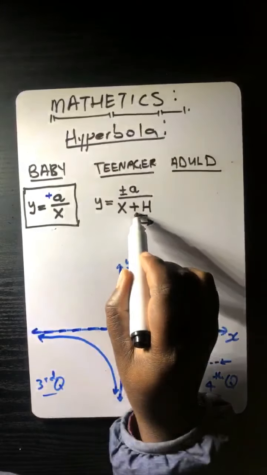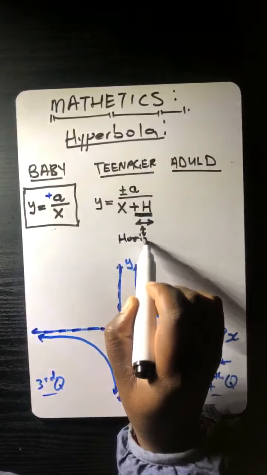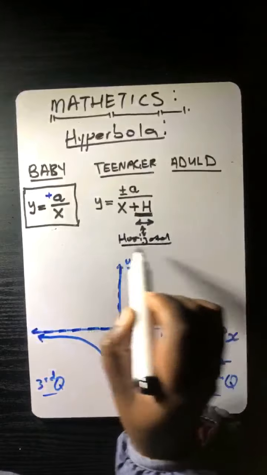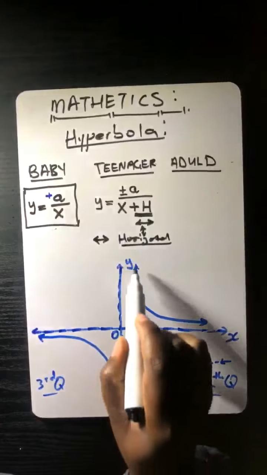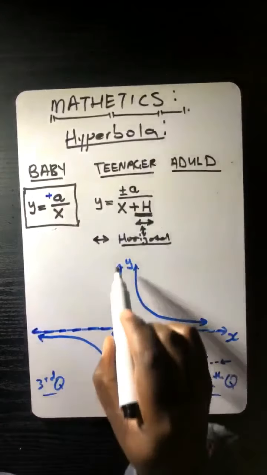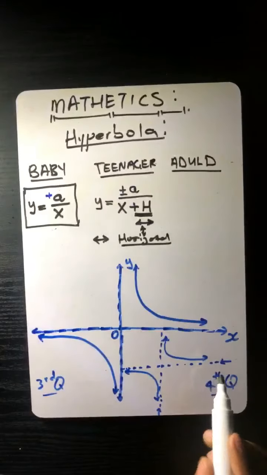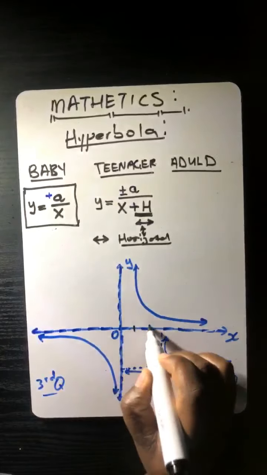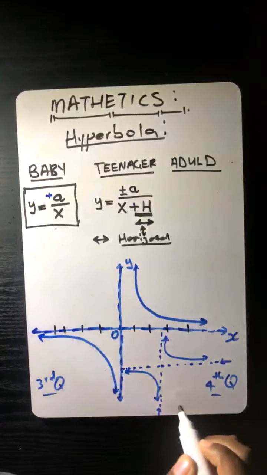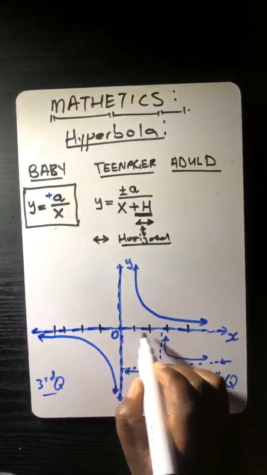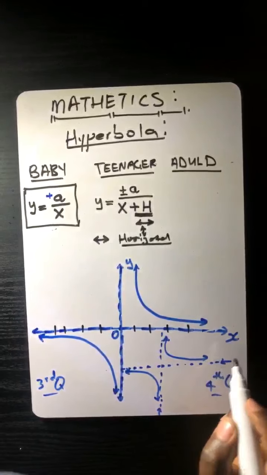I chose the letter H to remind us of the horizontal movement, which is the sideways one. So imagine us moving this thing together with the asymptotes towards the right. Let's say we shift it by so many units, 1, 2, 3, 4. Someone tell me by how many units to move it to the right so that I redraw it.